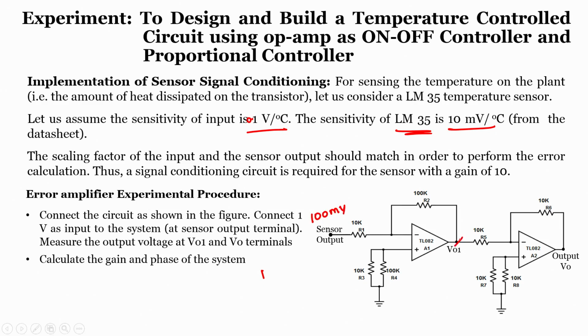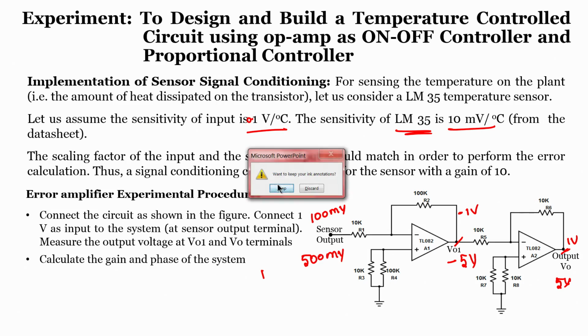Theoretically, when you calculate, we will get minus 1 volt, and here I should get 1 volt. Now I will take 500 milli, right, gain is 10, theoretically we should get minus 5 volt, and here it should be 5 volt. Now why do we not create a circuit in simulation and verify it.